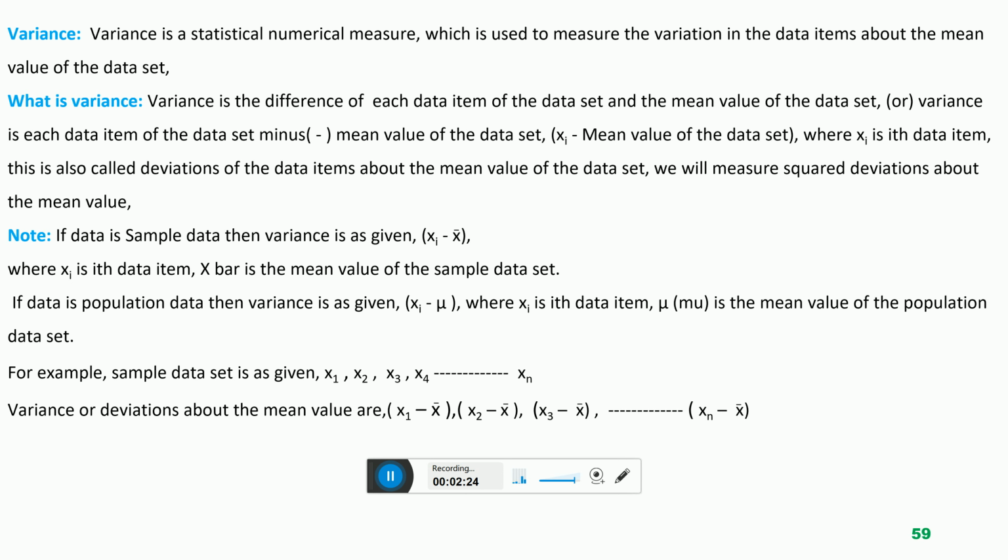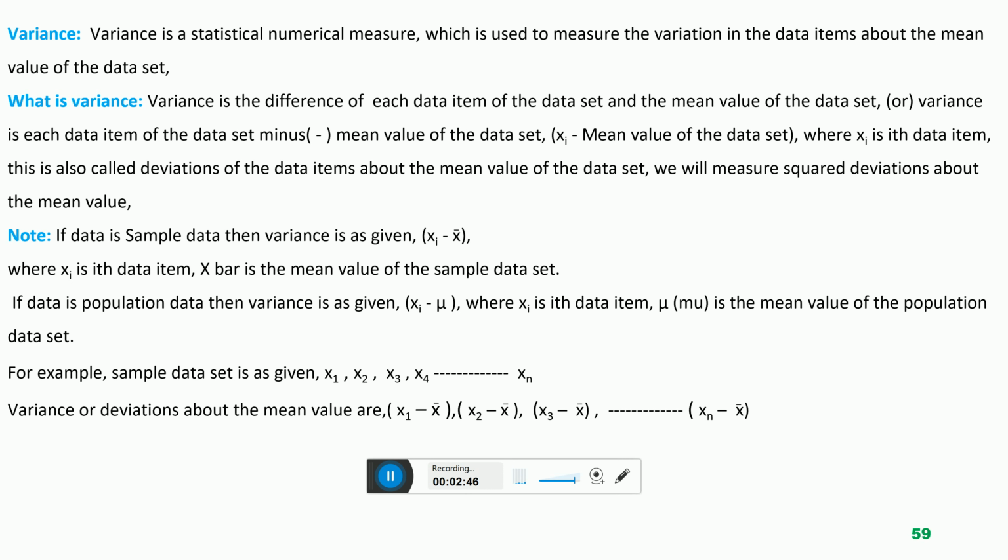And how can we compute it? We will subtract the mean value of the data set from each data item. This variance is also called deviation, or variability about the mean of the data set.